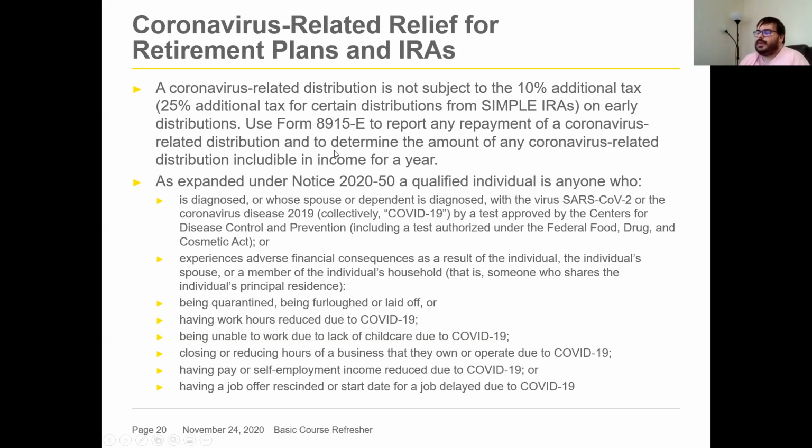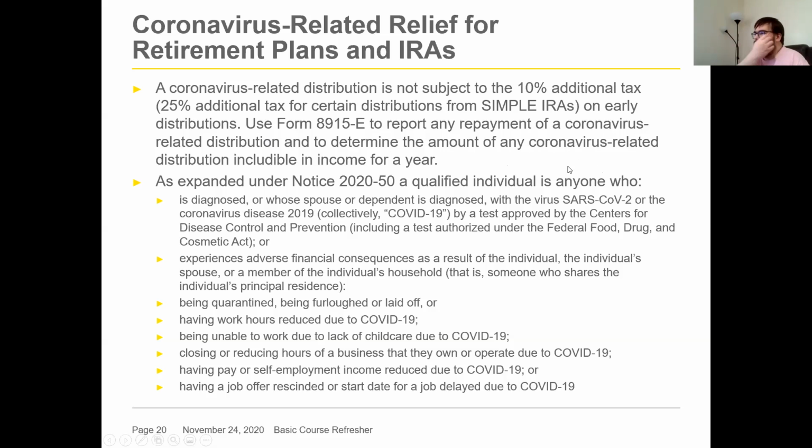In order to do that, there is a form called 8915-E, which is a new form for this year, where we determine how much people actually have to include in income and how much of the early penalty they will be excluded from. And then there are all these rules as to how you qualify for this.